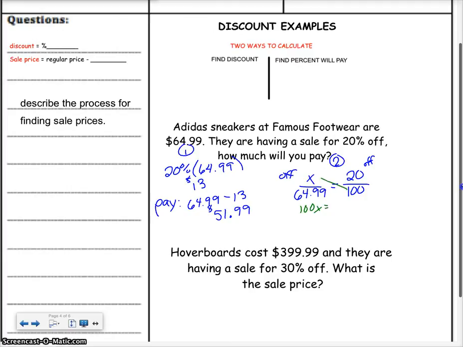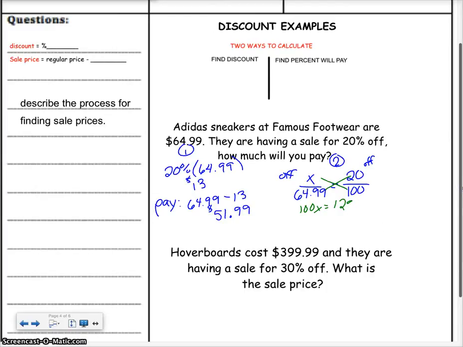100x equals 64.99 times 20, which is 1299.8. Whoops, I think I messed up here. Okay, yeah, my decimal's in the wrong spot.